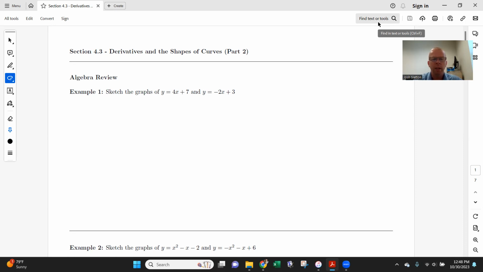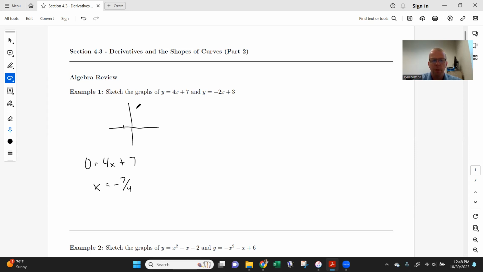Let's look at a couple of linear functions. We don't need to get detailed graphs of these. If we look at y equals 4x plus 7, we know that the slope is positive. The y-intercept we're not really worried about, but we will be worried about the x-intercept. Setting that equal to 0 and solving for x, we get x is negative 7/4.